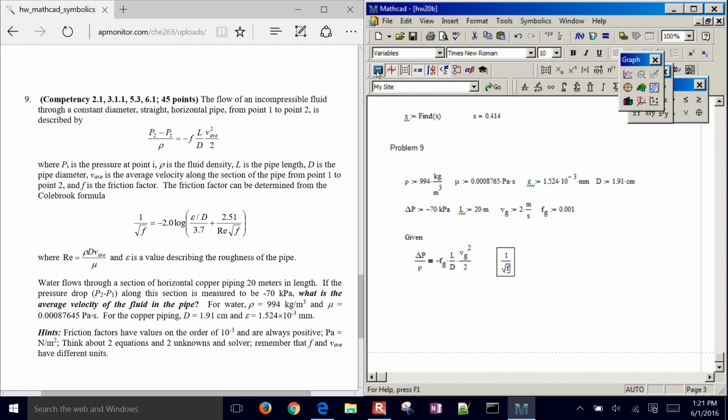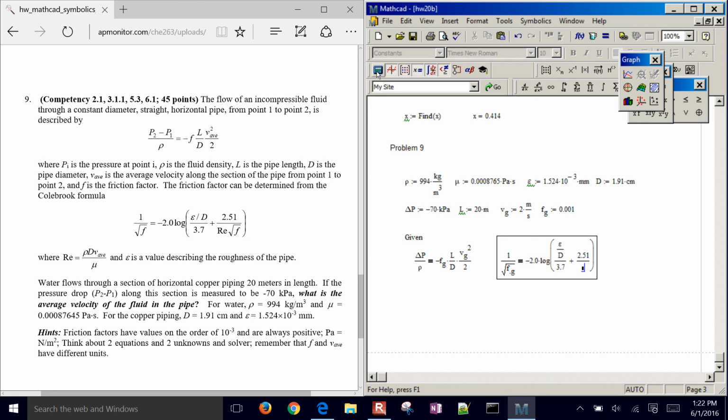FG. Okay, that's my friction factor. And Ctrl+equals negative 2.0 times the log. And then what goes in here is epsilon divided by D divided by 3.7 plus 2.51.